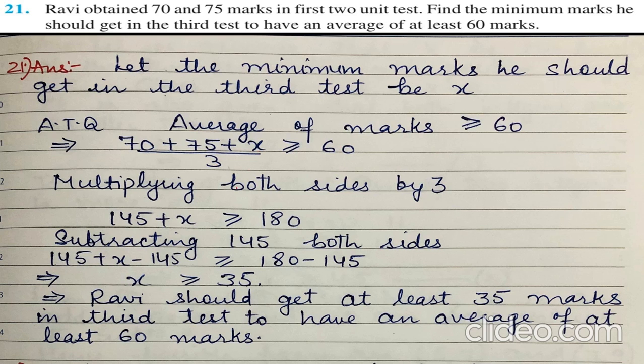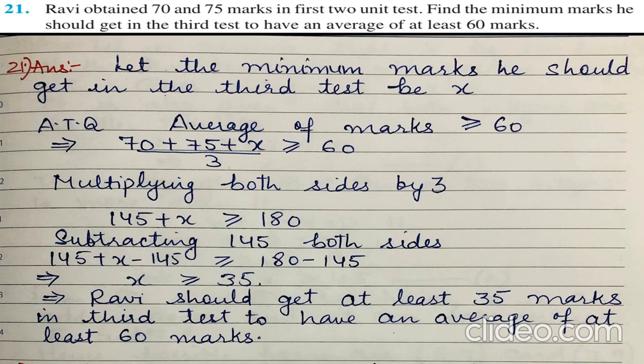Multiplying both sides by 3, adding 70 and 75, we get 145 plus X greater than equal to 60 multiplied by 3 is 180. Now subtracting 145 both sides. So 145 cancels on left hand side, we are left with X. And right hand side becomes 180 minus 145, that is 35.